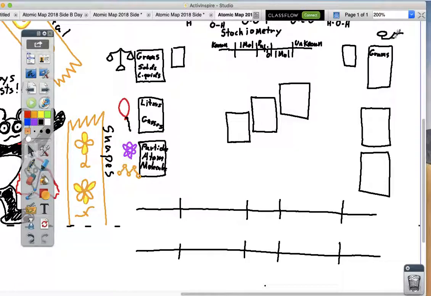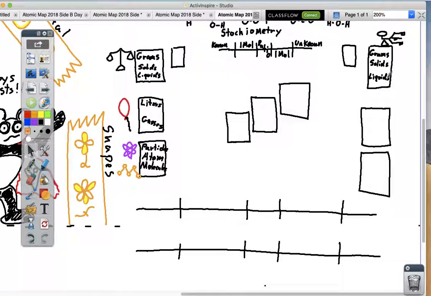No, it's not the Enterprise. It's a triple beam balance. Very good, you guys. So still grams. We're still getting solids, and we're still getting liquids.